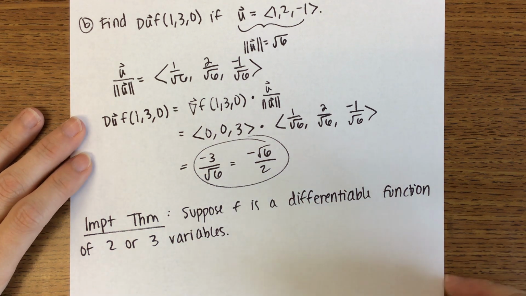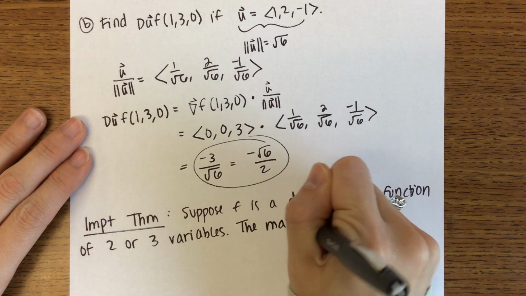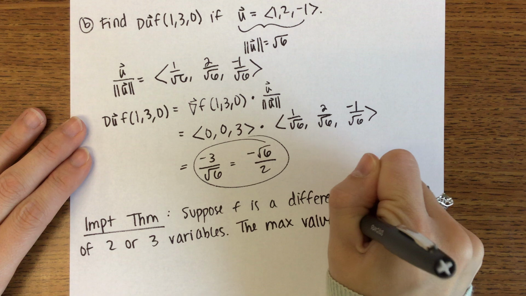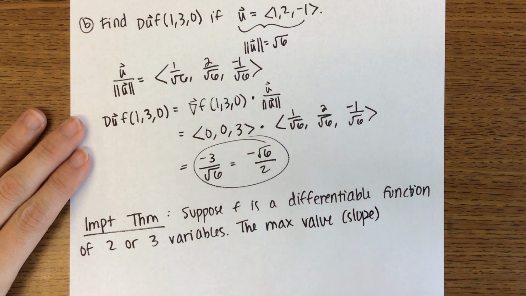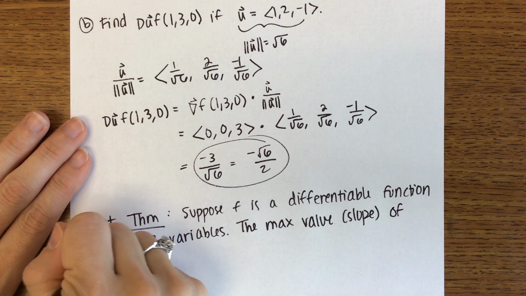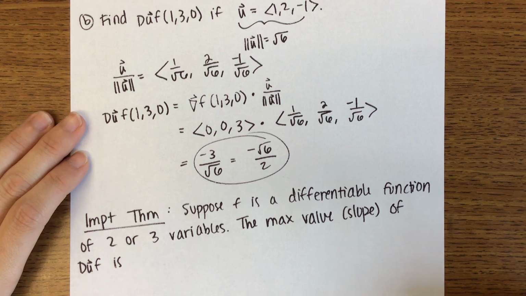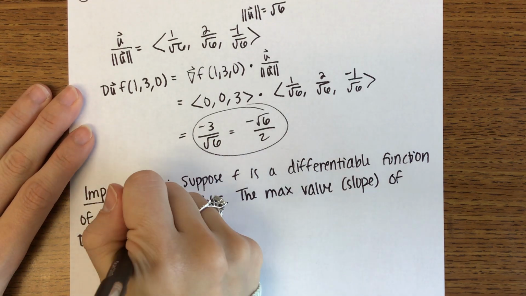The maximum value, instead of value, sometimes you'll see slope, the maximum slope of the directional derivative. So the maximum value itself is the norm of the gradient.